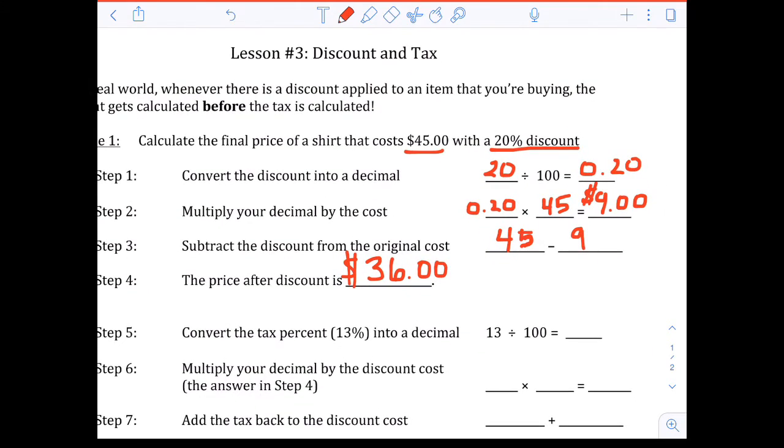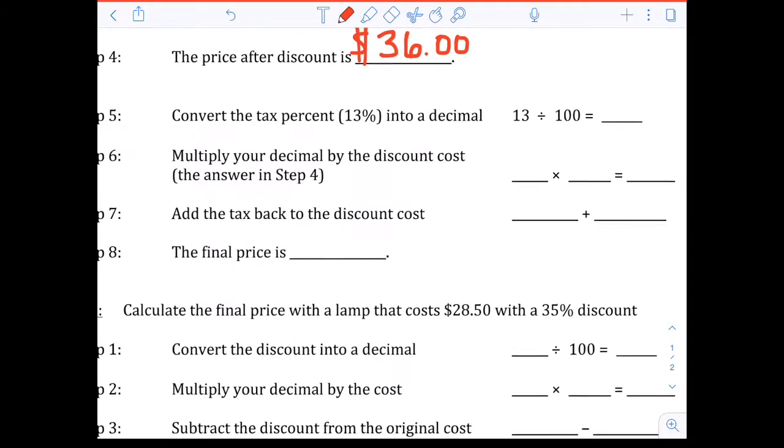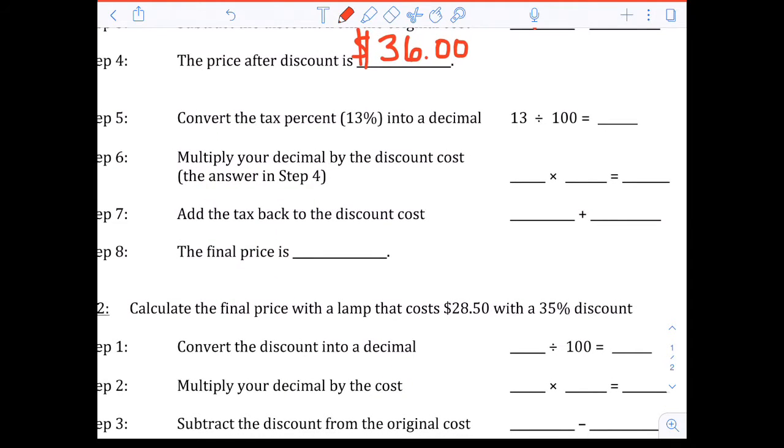But now we have to pay tax on that. Remember, tax is 13%. So of that $36, when I go up to the cash register, I'm going to be adding tax to that. So convert the tax into a decimal. 13 divided by 100 is 0.13. But remember, tax we're going to be adding to the price, not subtracting.